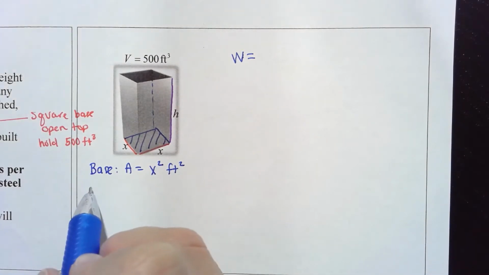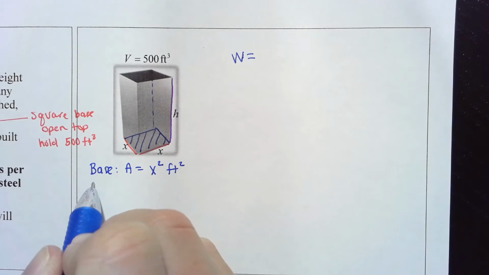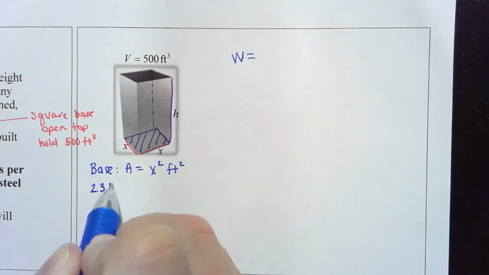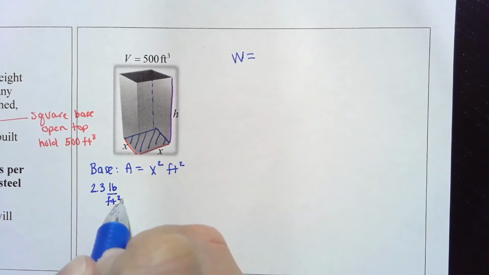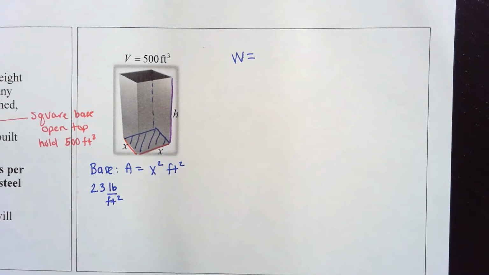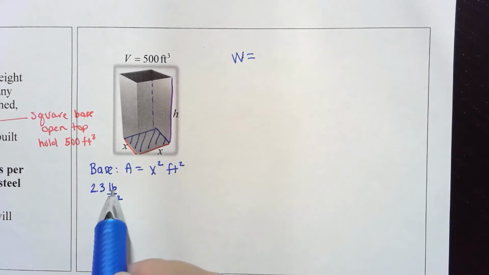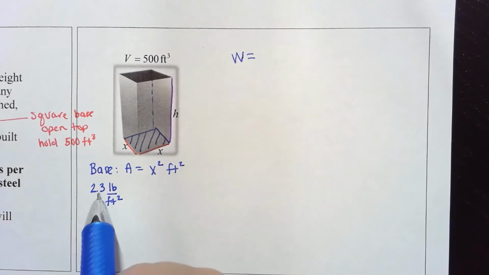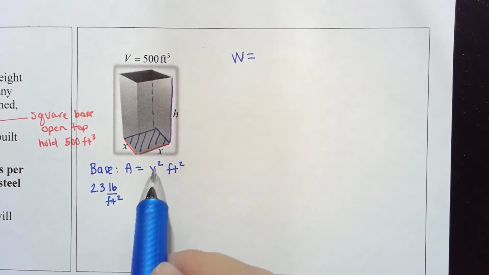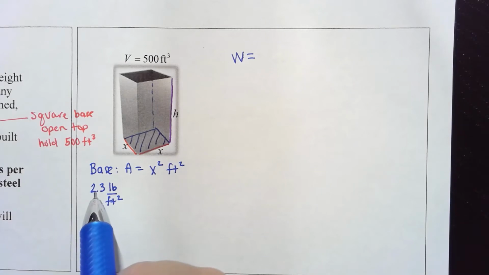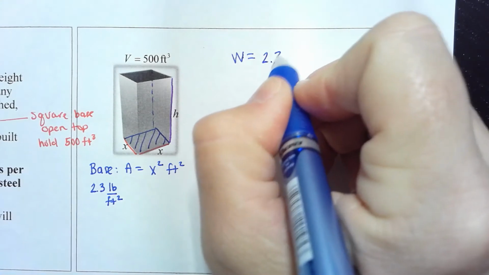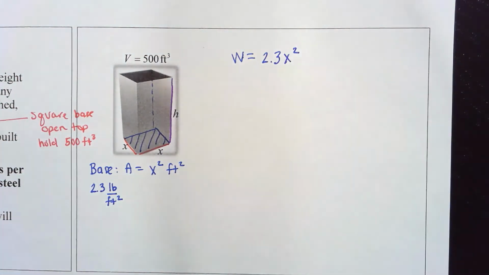What we know is that the base steel weighs 2.3 pounds per square foot. So I'm going to multiply my area by the weight. How many square feet do I have? And multiply that by the pounds or the weight per square foot. So I have 2.3 times x squared. That's going to be the weight of the base.